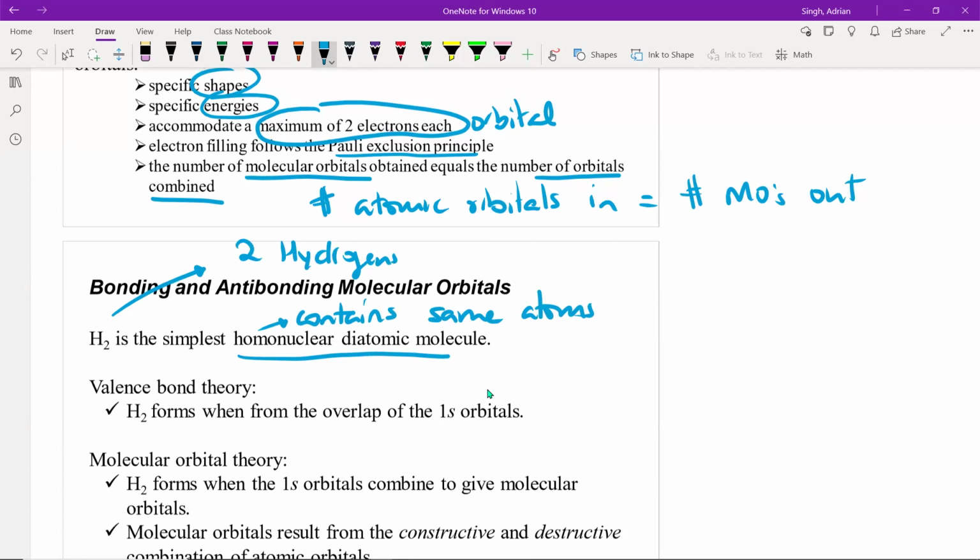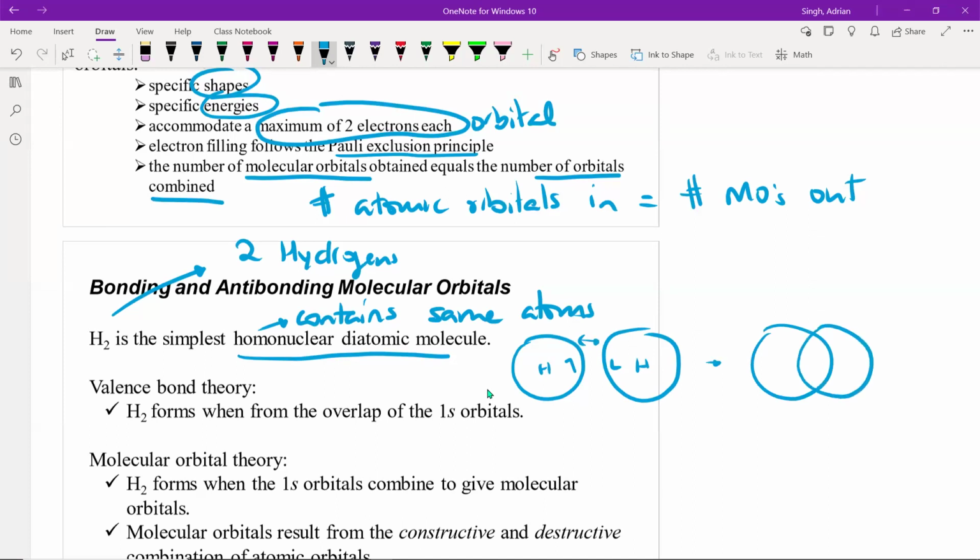According to the valence bond theory that we talked about before, if I have a hydrogen atom on one side with one electron, I can have another hydrogen on the other side with one electron there. These then can come together and they can overlap their atomic orbitals, because we have an H and an H, and then we have the overlap here, which we've talked about.